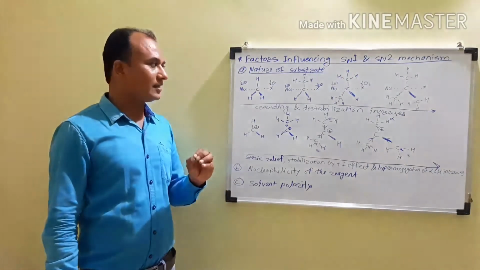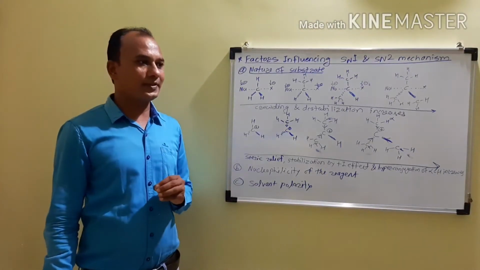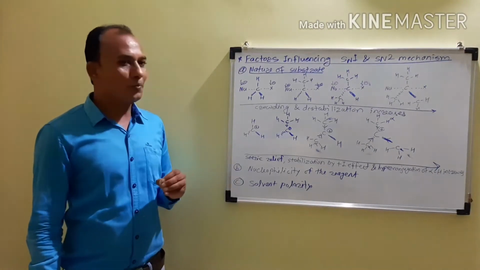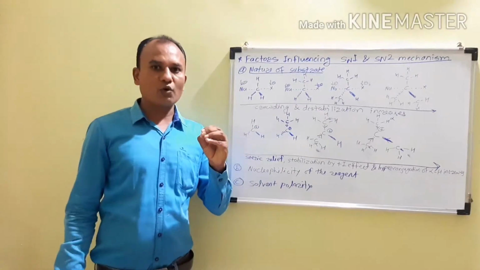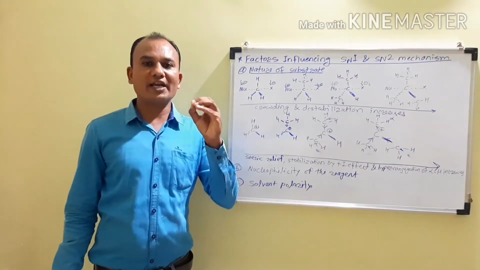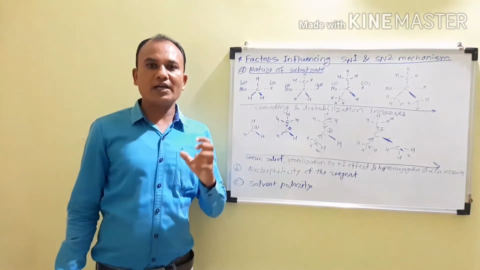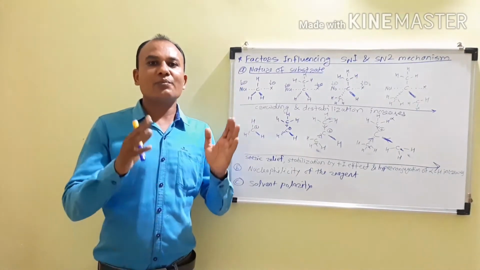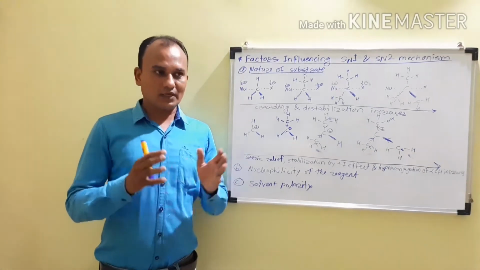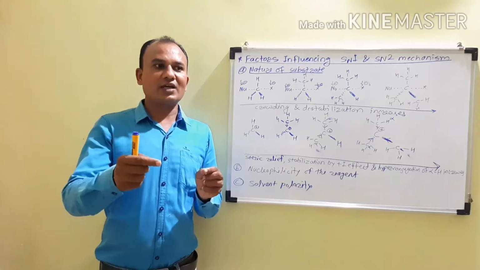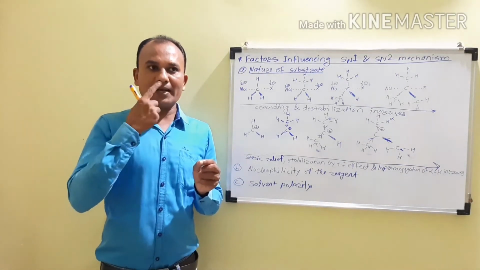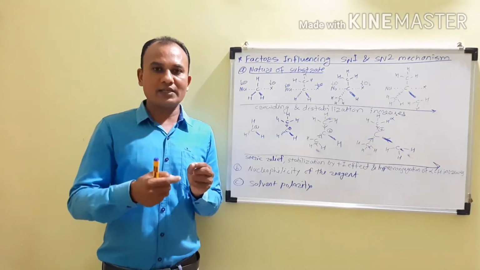Now when we consider the SN2 mechanism, in the SN2 mechanism there will be a formation of a penta-coordinate intermediate, and due to this there will be crowding around the carbon atom to which the hydroxide ion, or the nucleophile, gets attached.